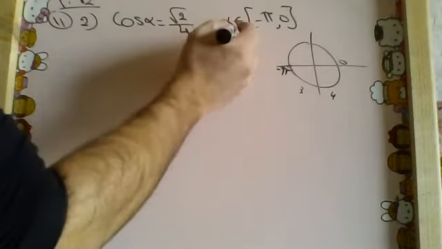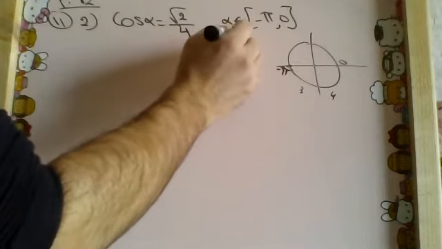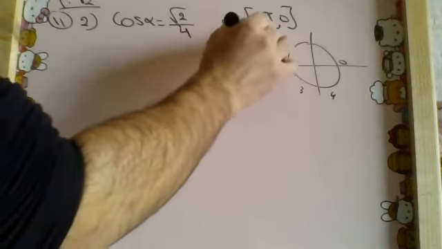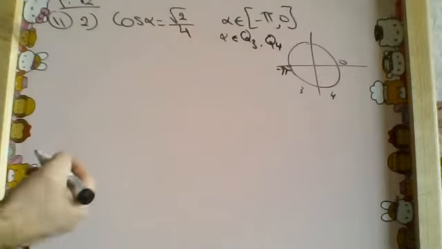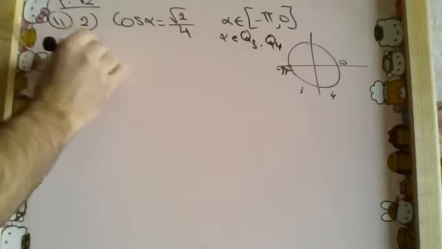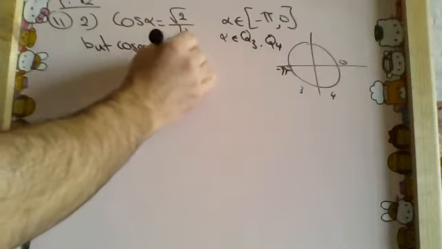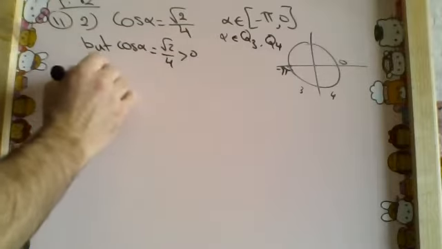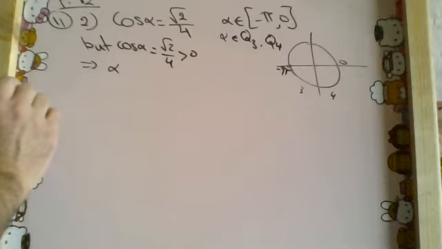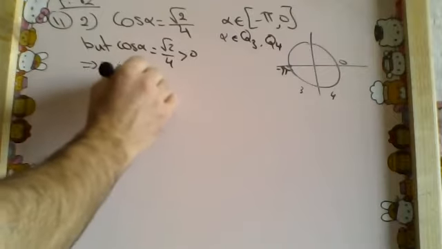So here alpha belongs to quadrant 3 or 4 according to this interval, but cosine alpha is radical 2 over 4, which is positive. That means that alpha belongs to quadrant 4.